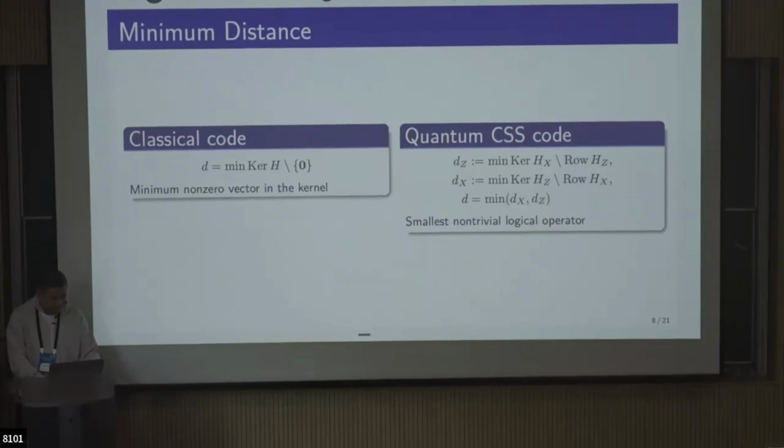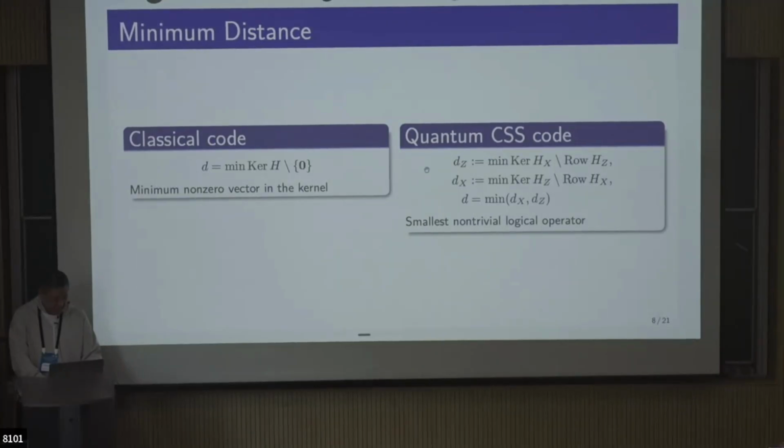So before the construction, let me recall the distance definition. Classically, the minimum distance is the smallest non-zero vector that passes all checks. For a CSS code, distance is the smallest non-trivial operator. So passing all checks is not enough, because the stabilizer must be excluded.